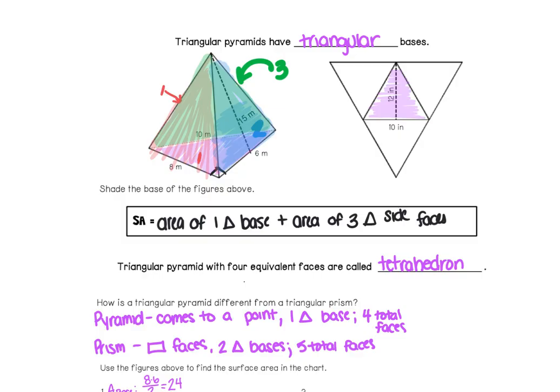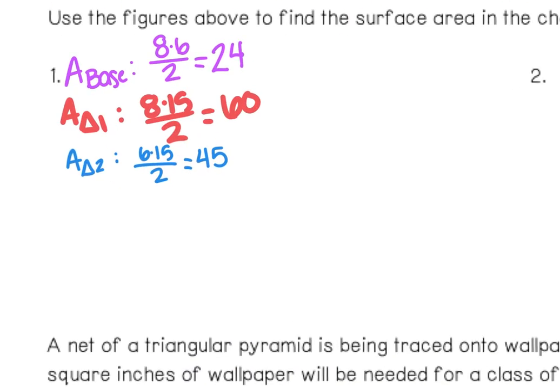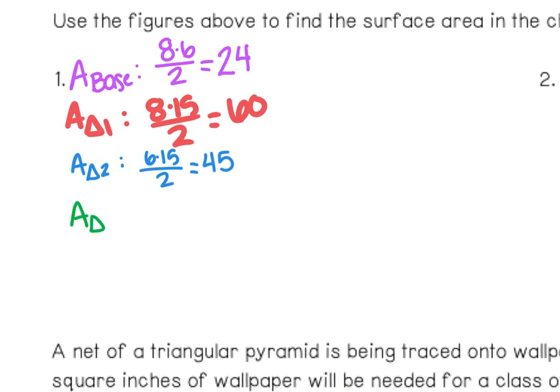What are the base and height of triangle 3? Leo. Love that. 10 and 15. That should be 75.